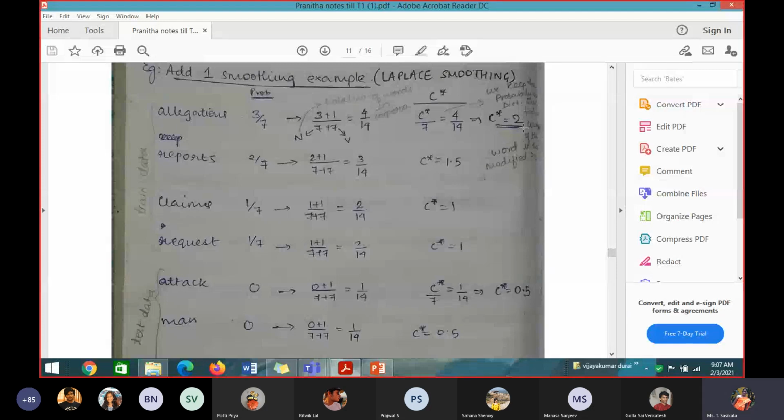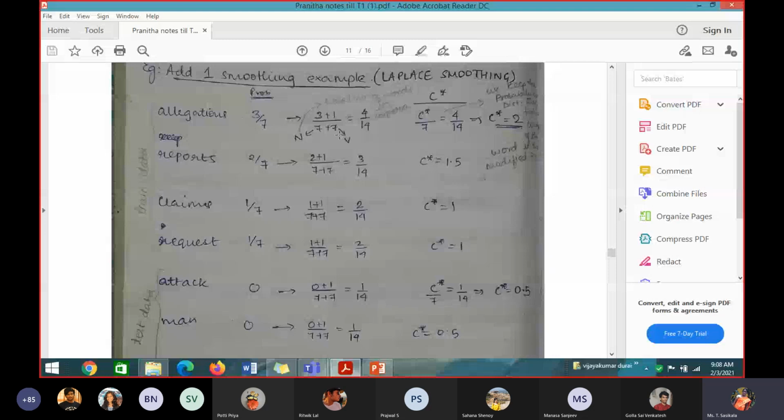2. Similarly, for report, can you calculate C star, the effective bigram count? See, n is the total number of words in the corpus and v is the total number of words present in the training data. Here both are 7.